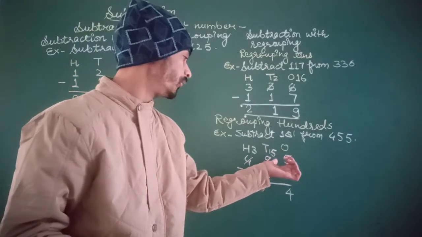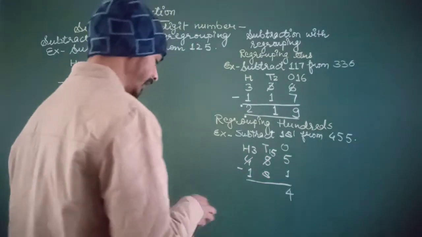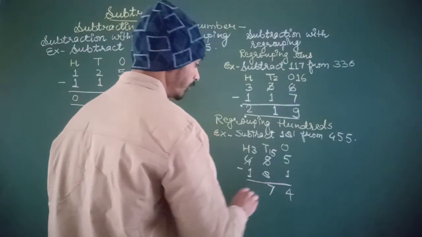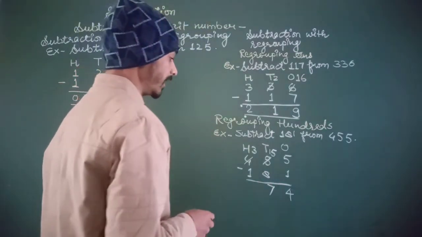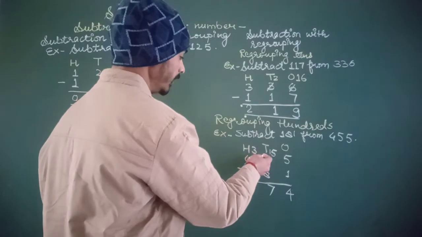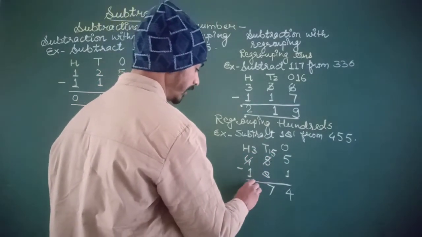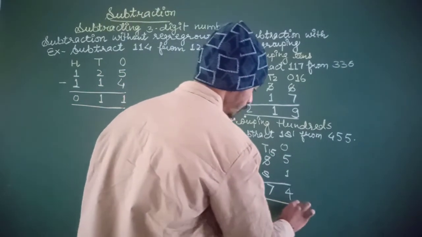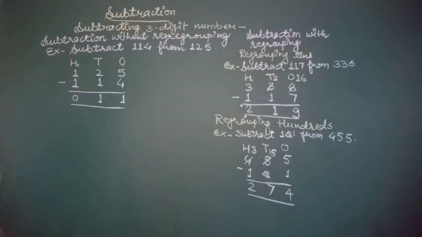And now 15 tens minus 8 tens, that is 7 tens. And here 300 minus 100, that is 200. So the answer is 274.